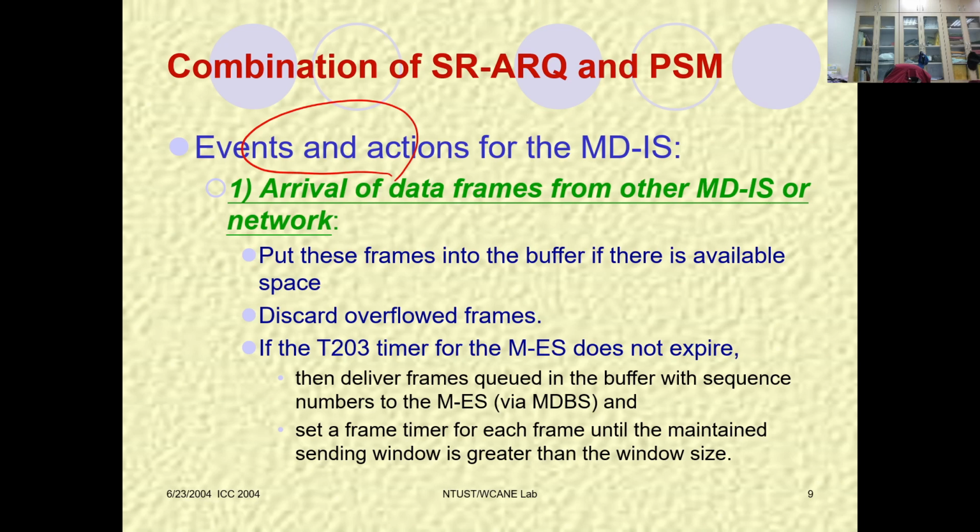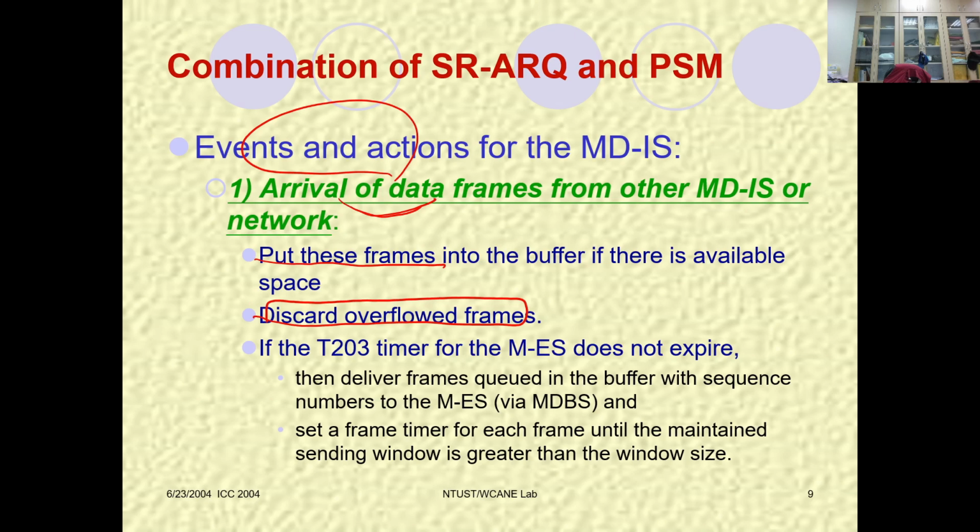First of all, it is possible to have the arrival of a data frame from other MDIS or the network. When we put this frame into the buffer, if we have available space, fine; otherwise, if there is no available space, we need to discard the overflow frames.